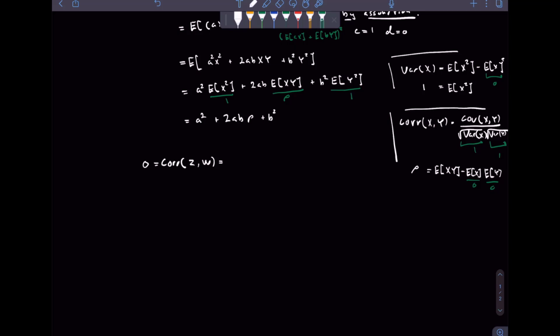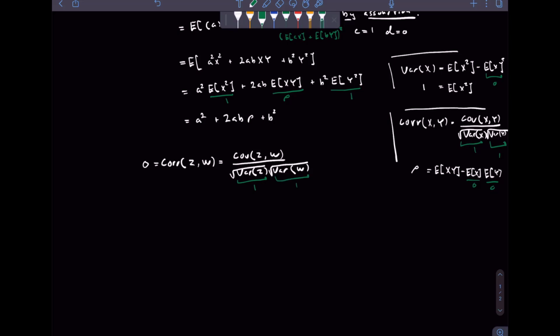So the correlation is the covariance of Z and W divided by the square root of the variance of Z times the variance of W. And now we know that this variance, by assumption, should be 1 because it's standardized.